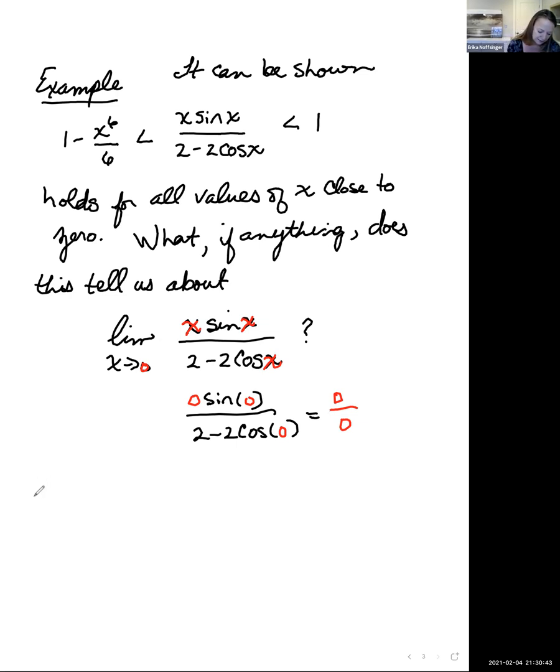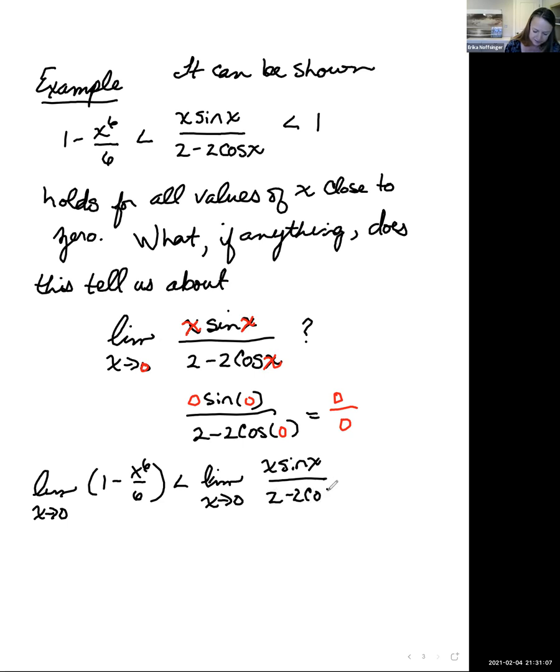So let's look at the limit as x approaches 0 of 1 minus x to the 6 over 6, which is less than the limit we're trying to find, as x approaches 0 of x sine x all over 2 minus 2 cosine of x, which is less than the limit as x approaches 0 of 1.